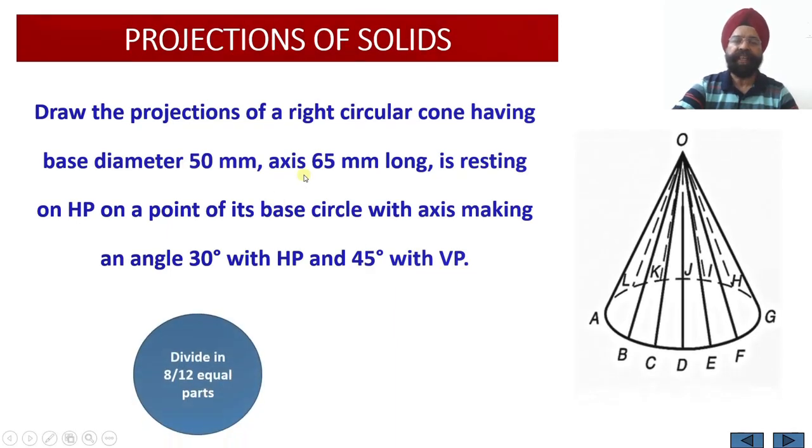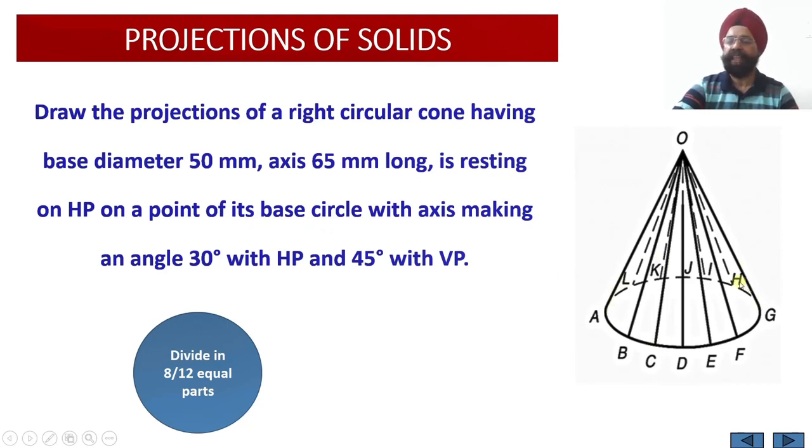Now the second thing, since this cone is resting on the horizontal plane on a point of its base circle, we are going to assume that initially this cone is resting on the horizontal plane on its base. So this is the base of the cone.